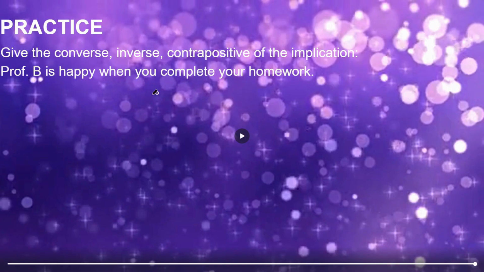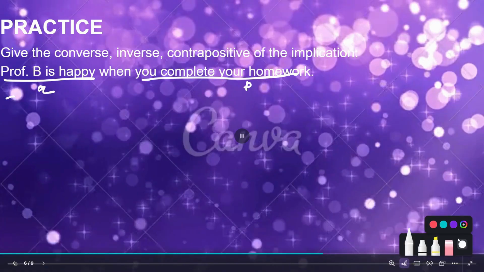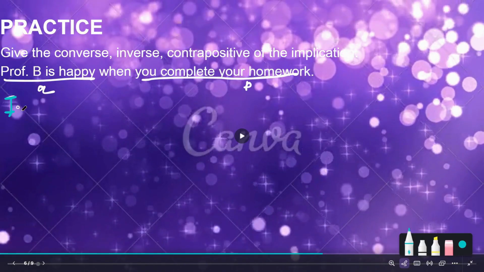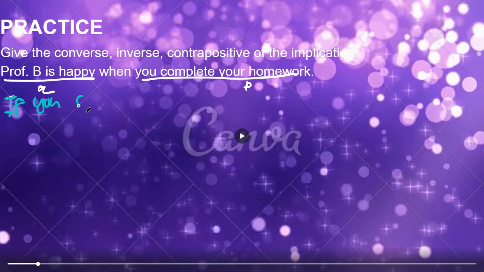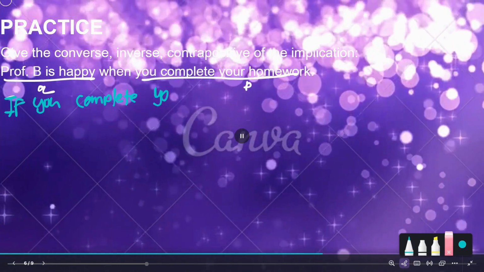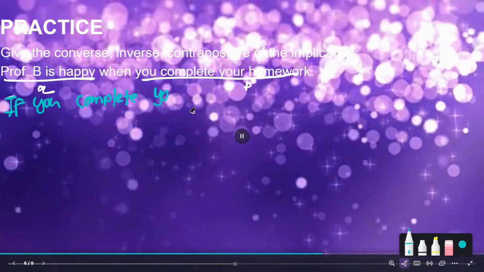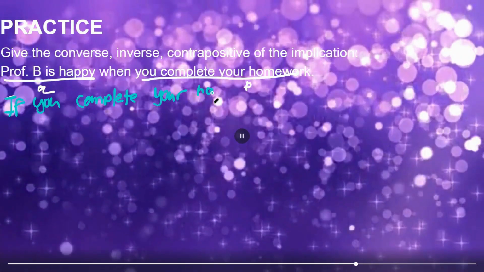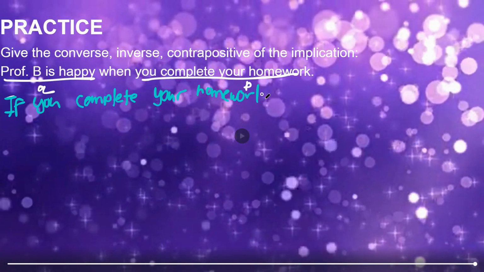So you complete your homework is P, and Proof B is happy is Q. So it means if you complete your homework, then Proof B will be happy.